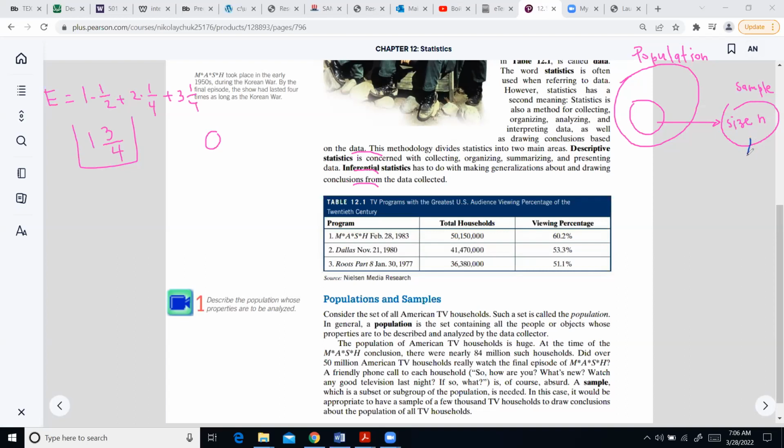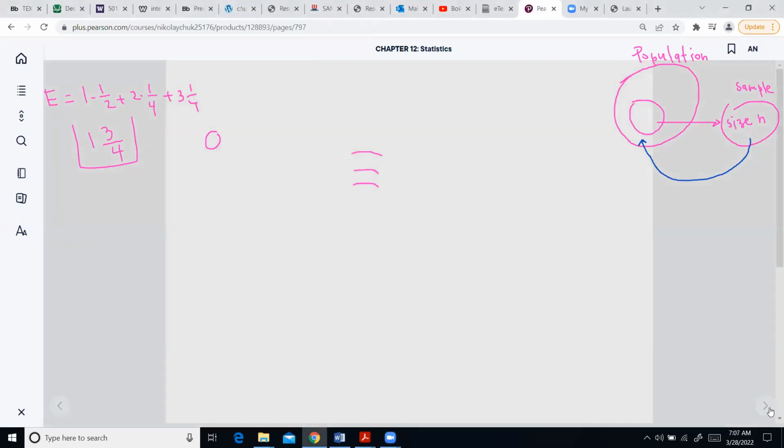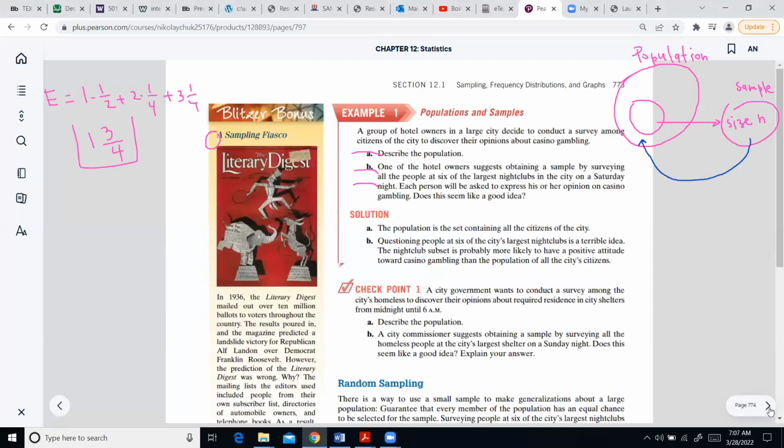And once you have some kind of calculational results, then you will make inferences about the entire population. So that's the plan for this chapter, to learn what is going on in various populations and how to do this correctly. So we're going to look at examples of populations and samples.